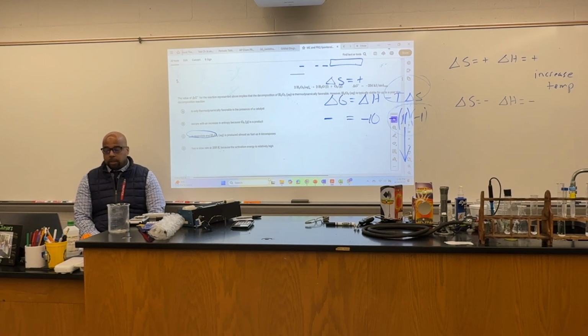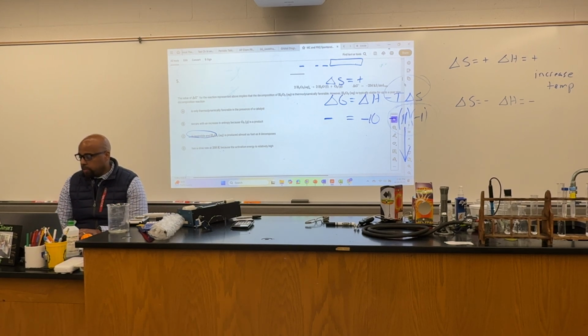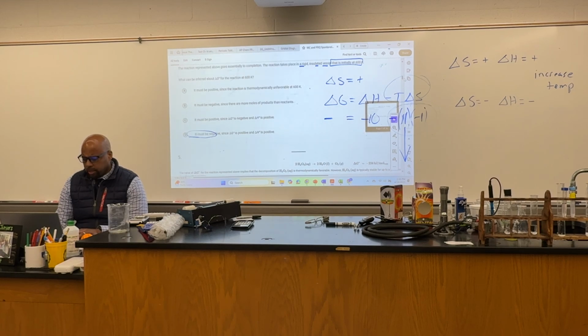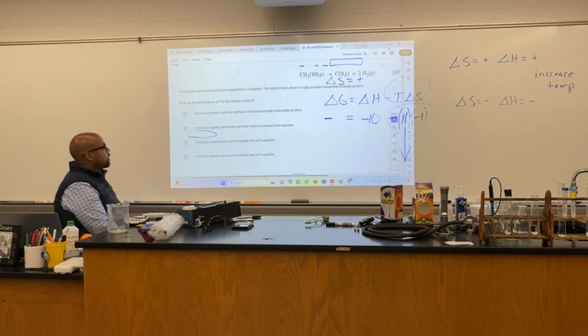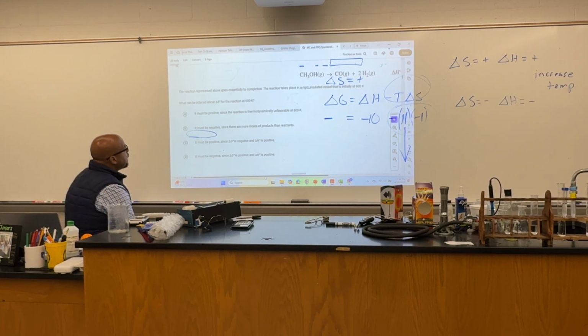Did we get an answer for 4? For 4, we said the answer was going to end up being, we said, if it's endothermic, that means that my delta S, if it's occurring spontaneously, it implies that my delta S has to be what? What can we infer about the delta S?